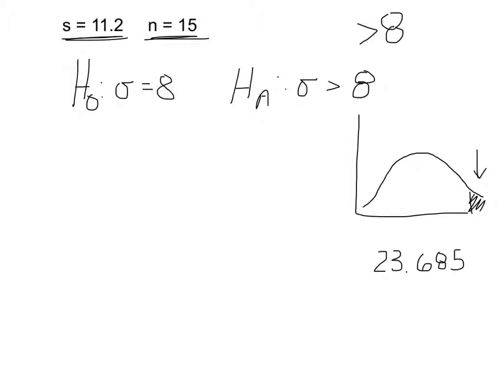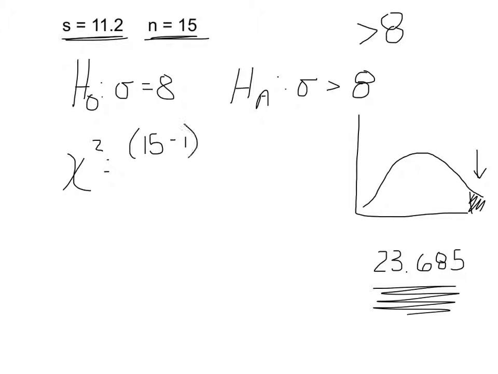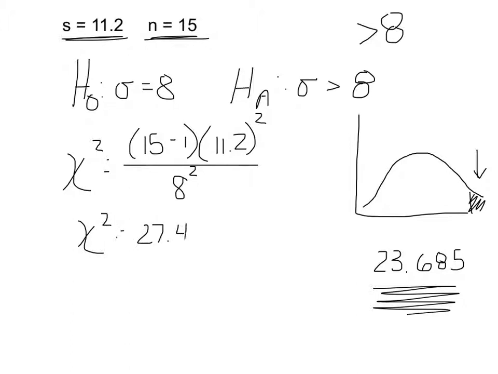23.685. And this is the number we're going to check. So I get my test statistic. I plug in my n, which is 15, subtract my 1, and multiply by, in this case, I'm given a deviation, so I have to square it. And I'm going to get a test statistic of 27.44.